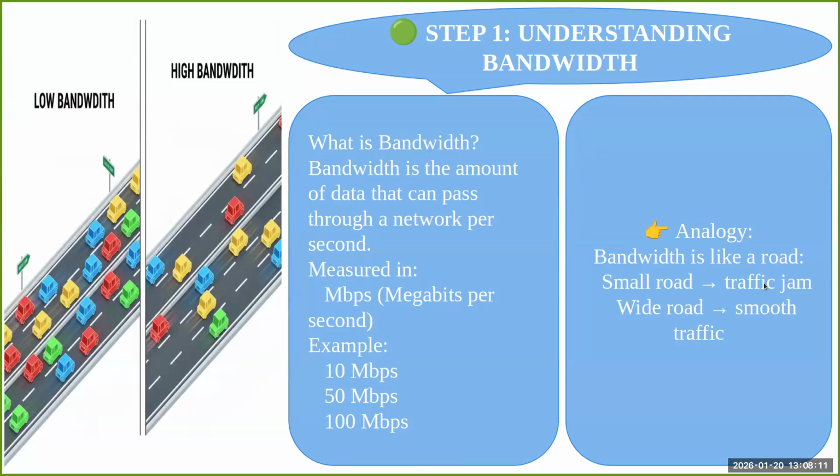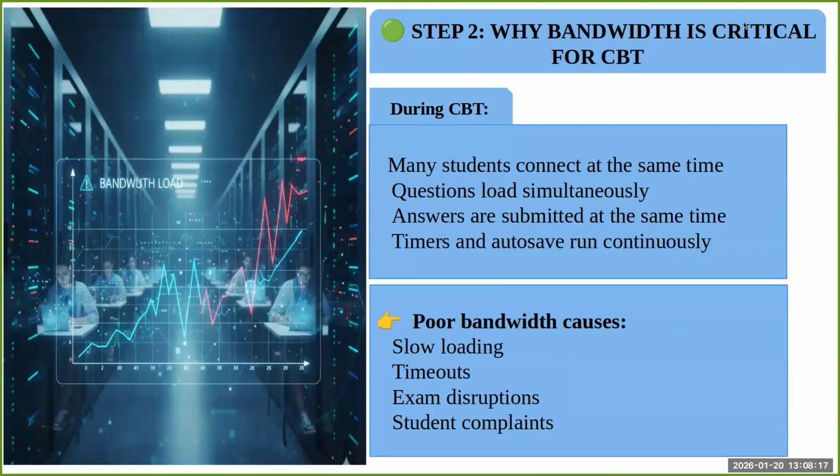Wide road, traffic will be smooth, just as I explained earlier. Now, why bandwidth is critical for CBT? The reason is because during CBT, many students connect at the same time, and questions will load simultaneously. Answers are submitted at the same time. Timers and autosave run continuously.